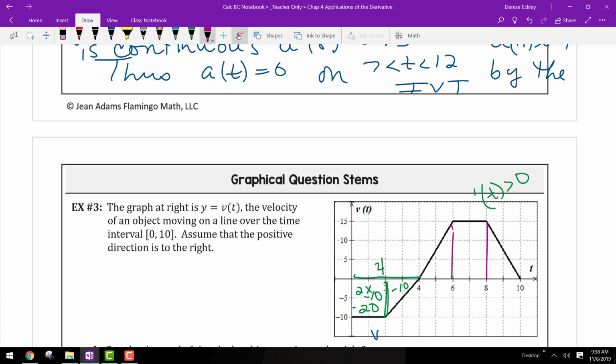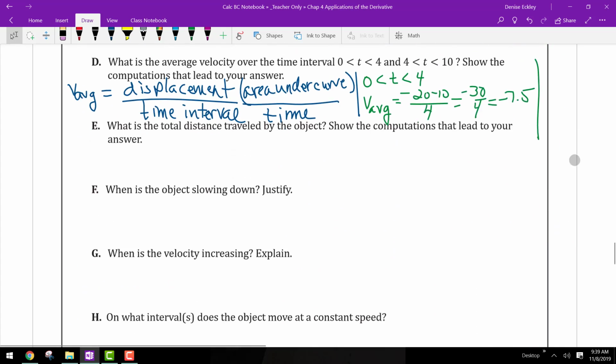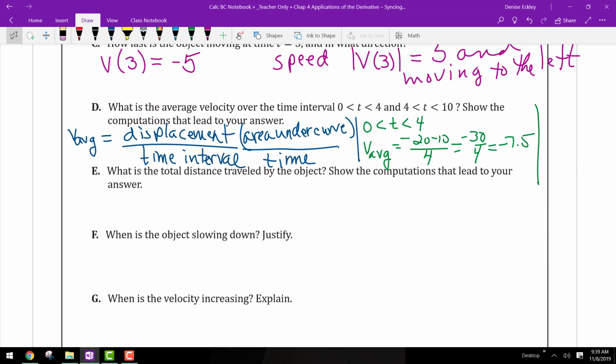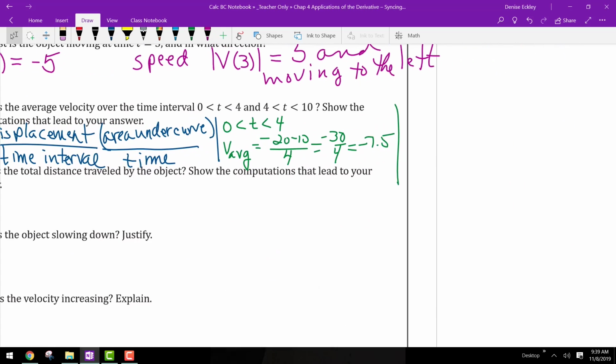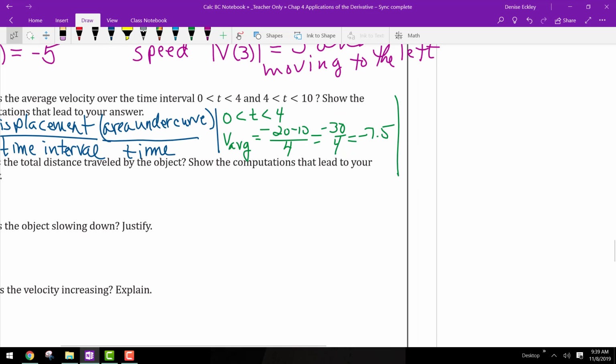I have a base that is 6 units and a base that's 2 units, and I have a height of 15. It's the same difference, but however you see it is fine because you're looking for the area of that shape. So my velocity average is going to be, and they're going to be positive.